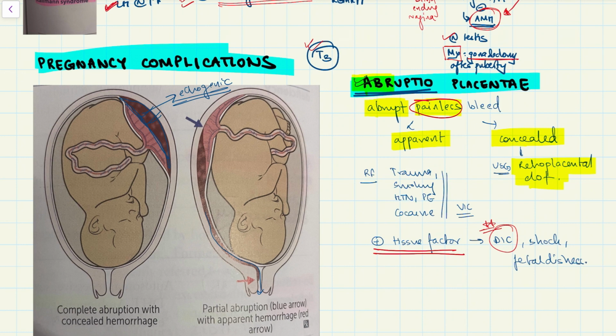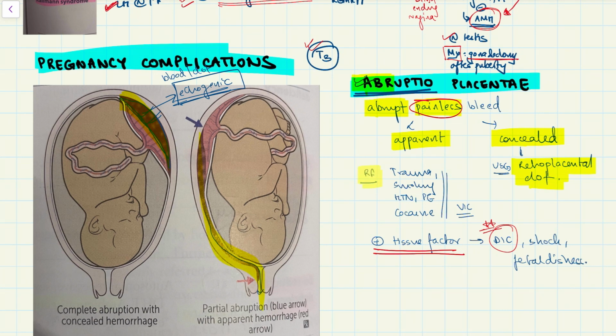So here in the diagram you can see this is a concealed abruption. Here behind the placenta a clot is seen. On USG this appears echogenic because it is blood. While in case of apparent abruption, there will be bleeding through the vagina.